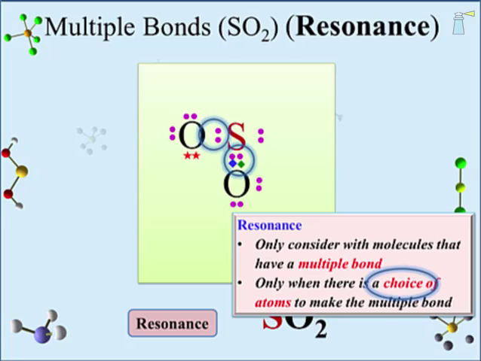Since there is a choice of where the double bond can go, SO2 will be said to have resonance structures. One molecule of SO2 could be found in a different dot structure than another molecule of SO2. Some types of molecules readily convert between the different arrangements available to them, but the term resonance only implies that there are additional arrangements that satisfy the rules.